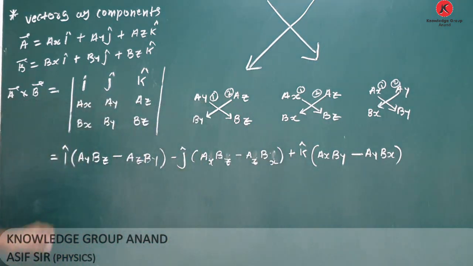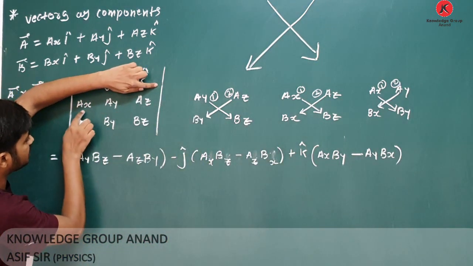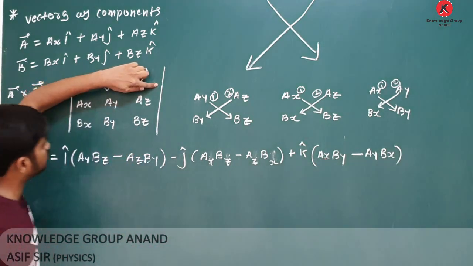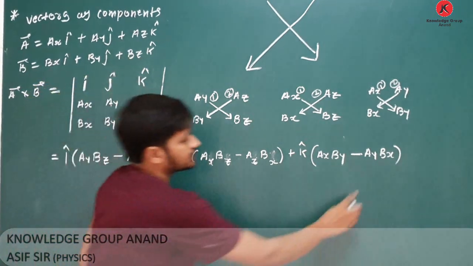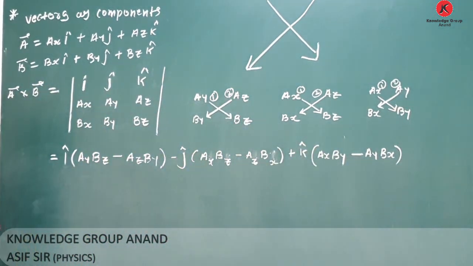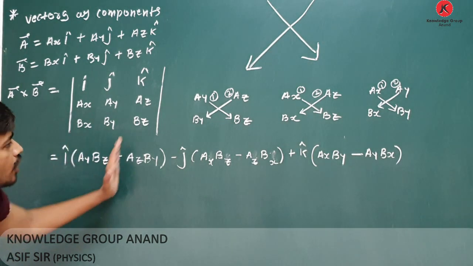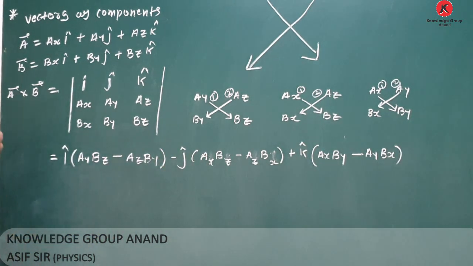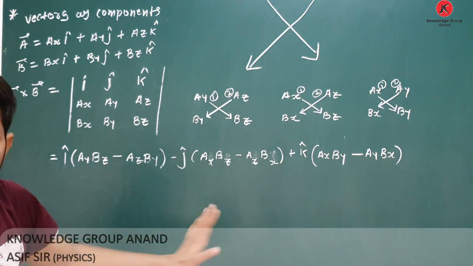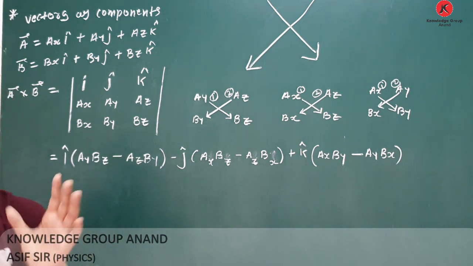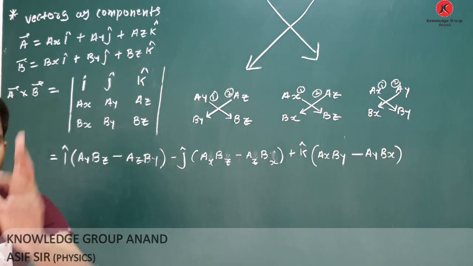Last one is plus K caret. Plus K caret means these four elements: AX BY and AY BX. Clear about this? So yes, this is how to solve this determinant. It is in the form of AX, AY, AZ, BX, BY, BZ. Means it seems difficult. But when we take values, it is easy.